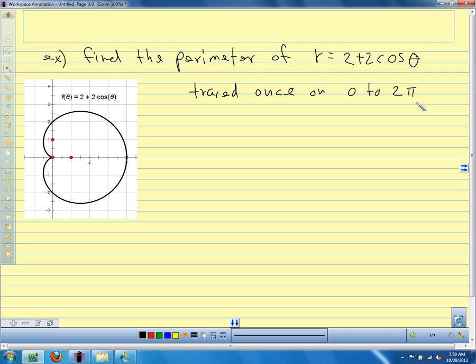I'm just going to find the length of the top half and multiply by 2 since the graph is symmetrical. So we need r prime for our arc length. r prime is minus 2 sine θ. r prime squared is 4 sine squared θ.